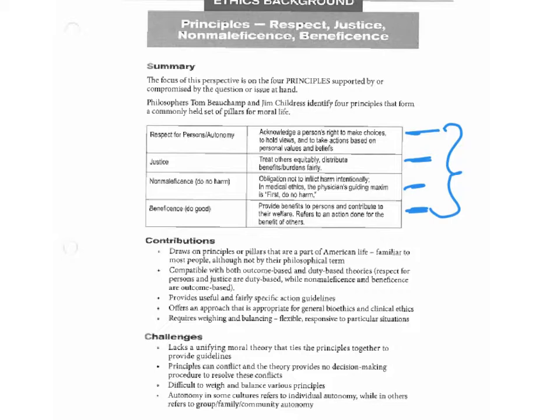It draws on pillars that are part of American life that everyone can pretty much agree upon. And it's compatible with both outcome-based and duty-based theories, because these principles can be applied across the board.